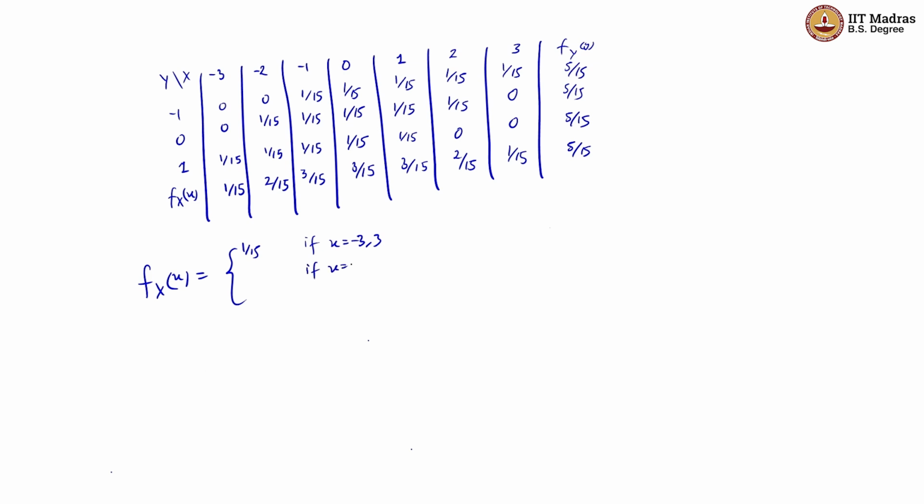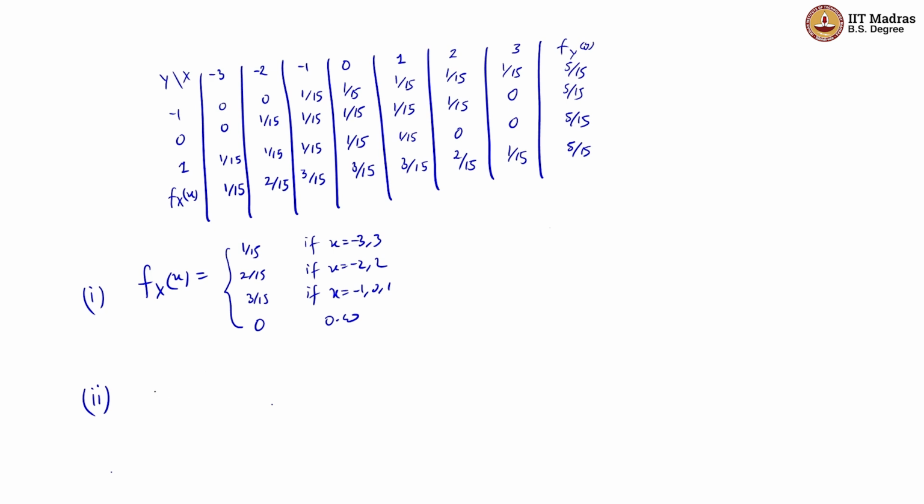When X is equal to -2 or 2, the probability is 2/15, and it is 3/15 when X is -1, 0 and 1, and otherwise it is 0. So this is the solution of the first part.